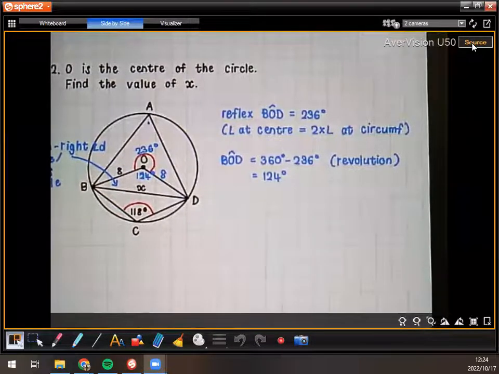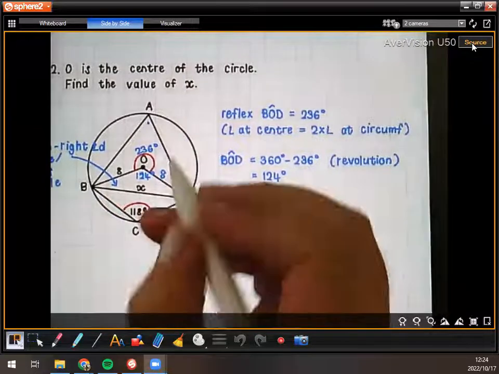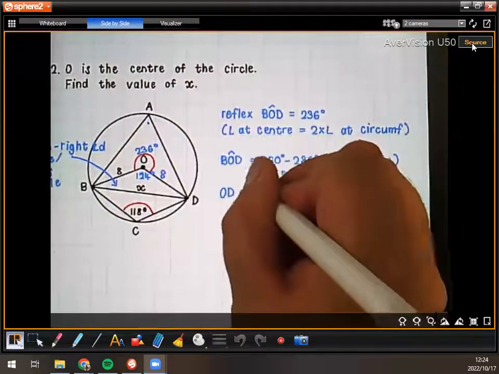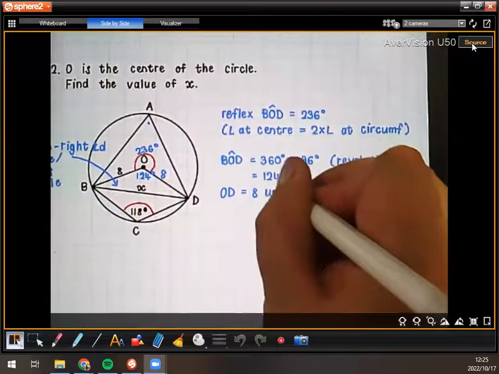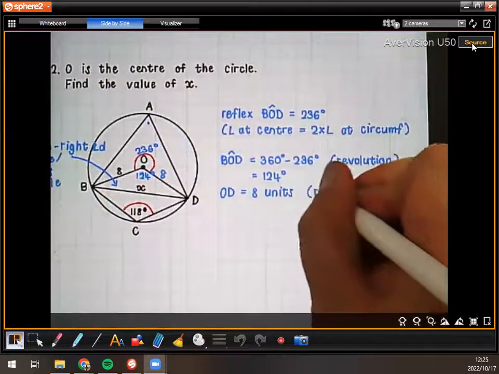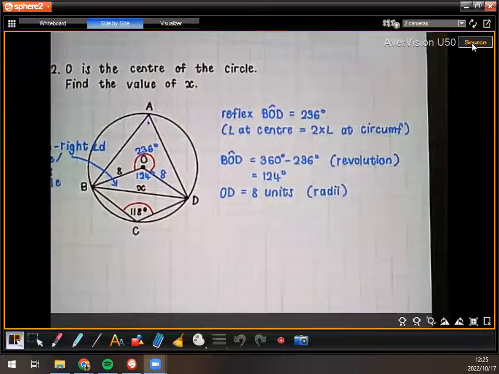So now we have enough information to use the cosine rule to find x. And remember, the cosine rule uses the other two sides and the included angle. But guys, we do still have to write that OD is 8, and the reason for that was radius. Remember, they only said OB.